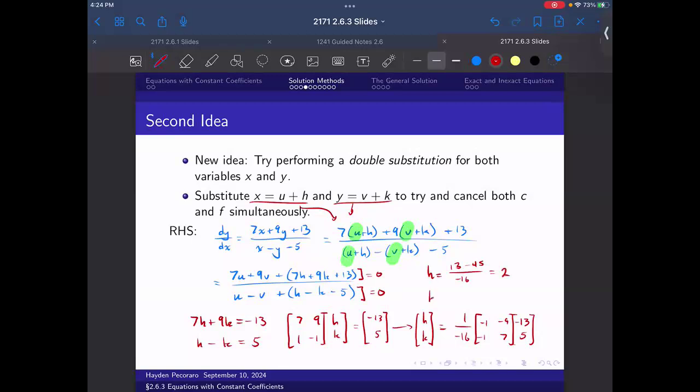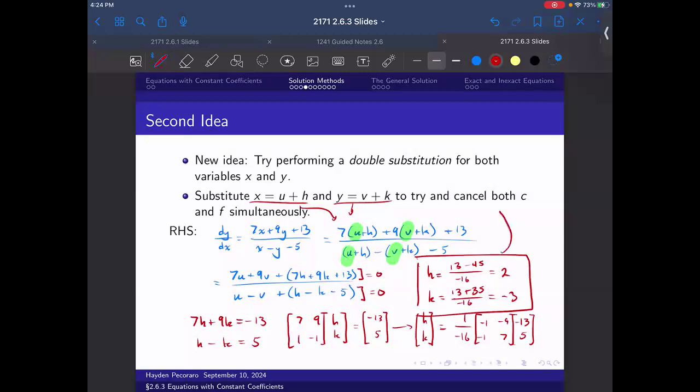And then k equals 13 plus 35 over minus 16. And this should give us 48 divided by 16, minus 3. Okay, so there are our values of h and k.